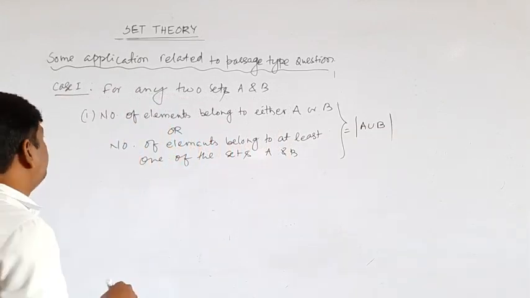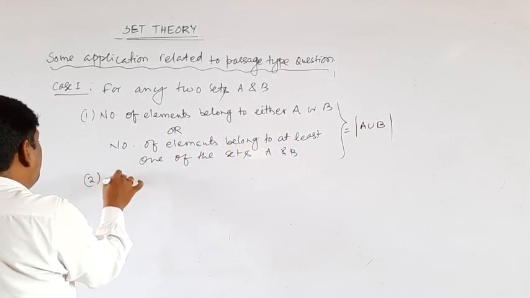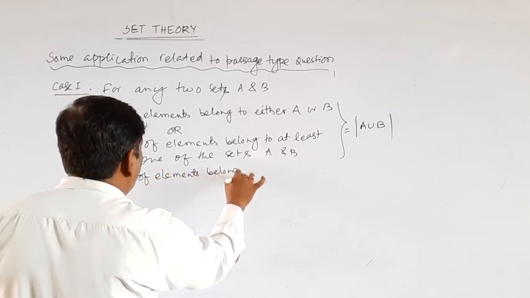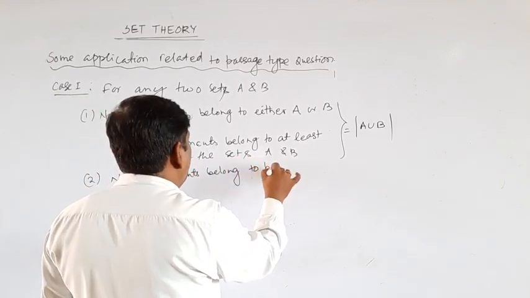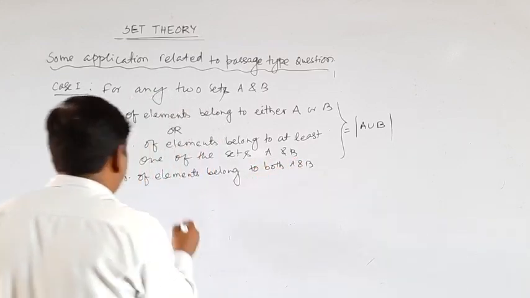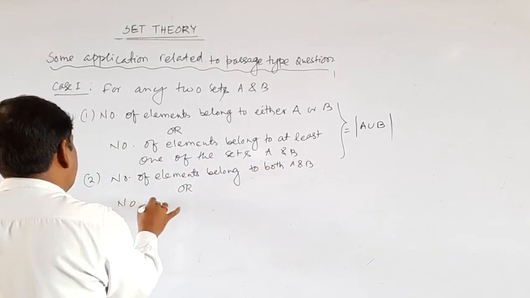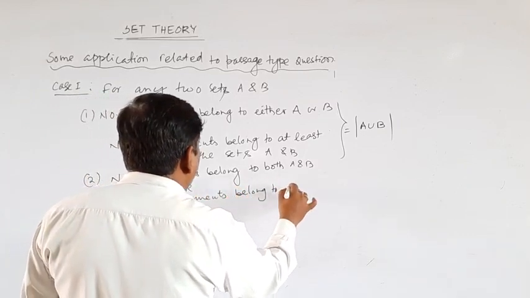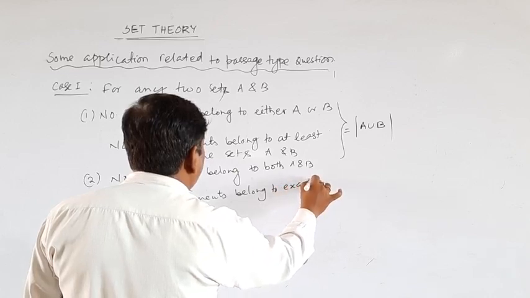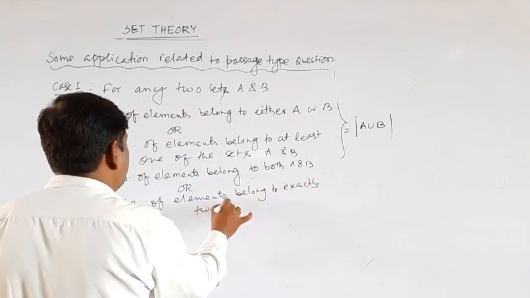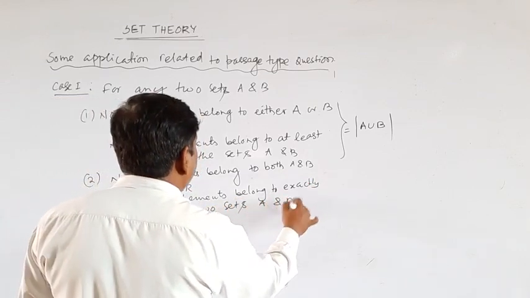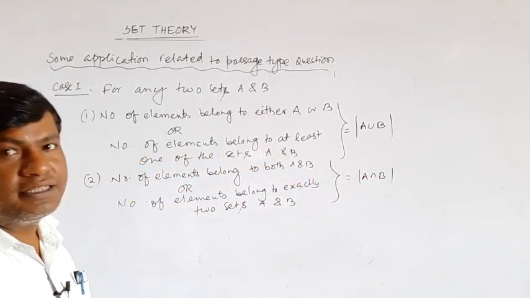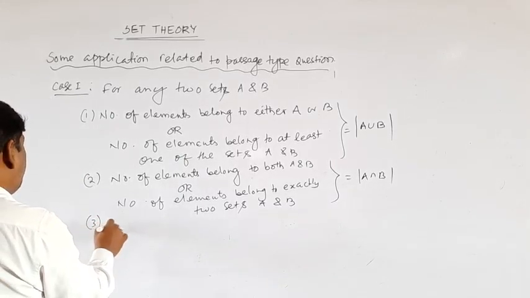Okay. Now number 2. Number of elements belonging to both A and B, or number of elements belonging to exactly two sets A and B. This is equal to cardinality of A intersection B. Third one is number of elements.